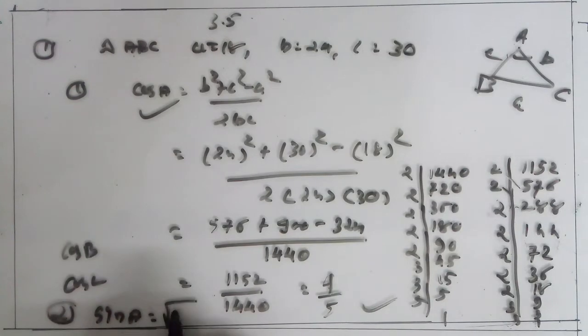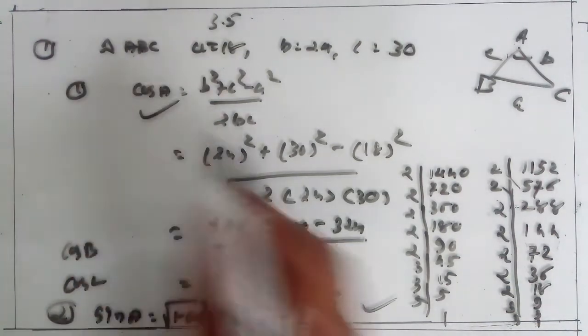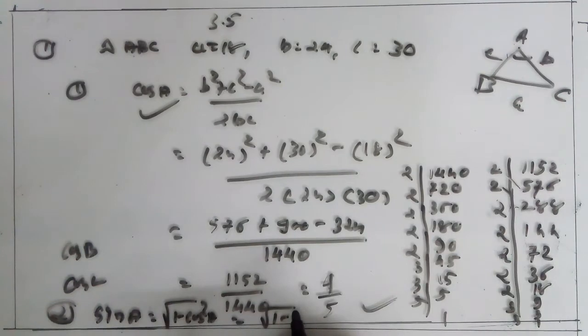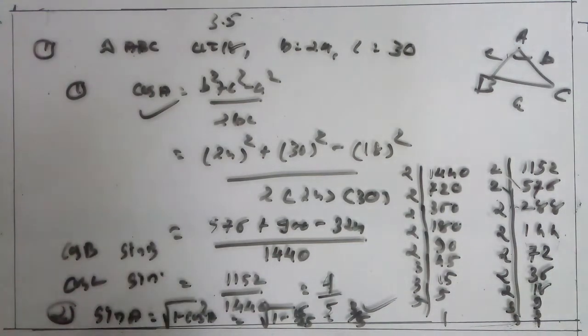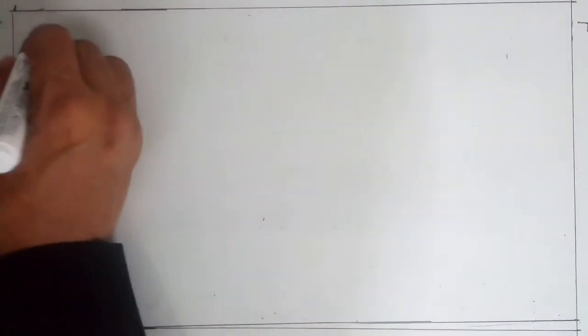So sin A is equal to root of 1 minus cos square A, and cos A is equal to 4 upon 5. Square of this is 16 upon 25. So 25 minus 16 is 9. Square root of 9 is 3 upon square root of 25 is 5. So sin A is equal to 3 upon 5. Similarly, we get sin B and sin C. Clear this?